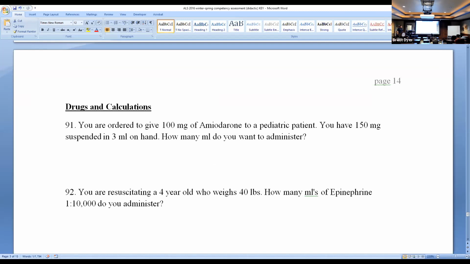If you're giving it via IV or IO, Narcan is 0.1 milligram per kilogram. If the AEMT or paramedic was going to give Narcan via IM or intranasally, then you would give it 0.2 milligram per kilogram.